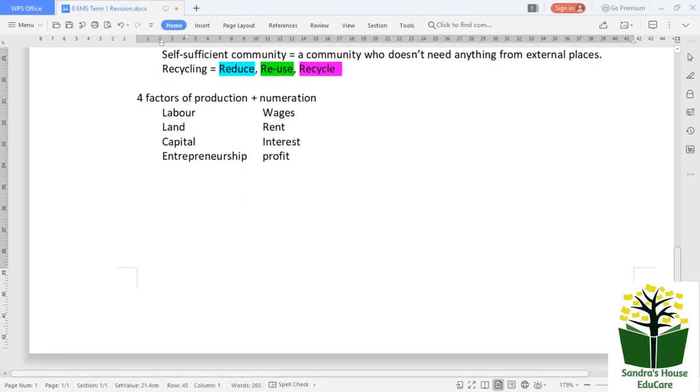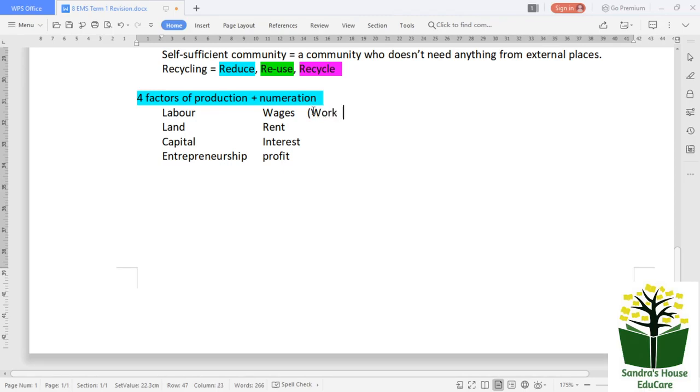Let's quickly look at the 4 factors of production. So these are important to know. It basically means there are 4 things that we can do to earn money. The first thing is labor. So remuneration means payment. So the payment that you get from labor is wages.